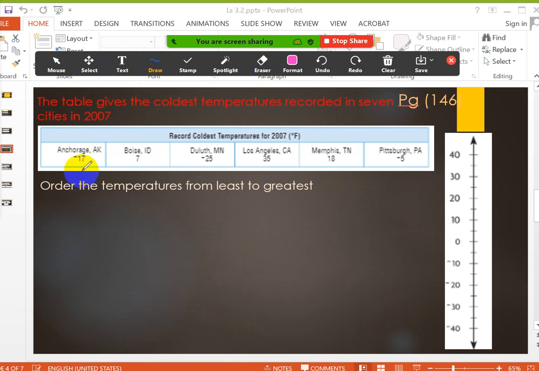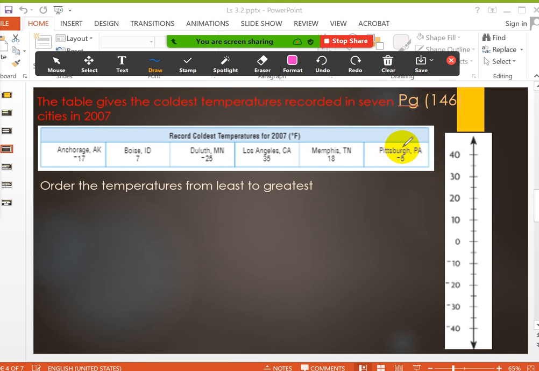Now, look at this table. This table is about, I think, the temperature, right? Here, I have the record coldest temperature in 2007 in Fahrenheit. This is the unit. In 1, 2, 3, 4, 5, 6 regions.